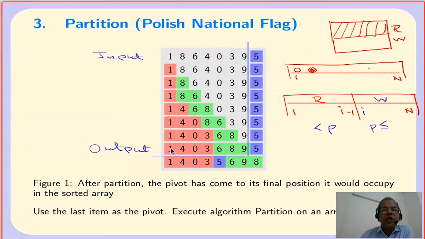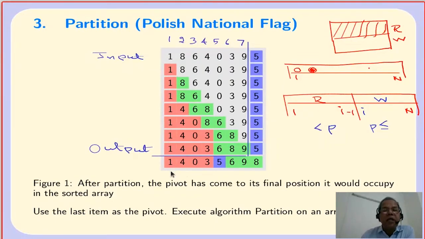One subarray consists of 1, 4, 0, 3. The other subarray consists of 6, 8, 9. The red subarray 1, 4, 0, 3 is less than the pivot 5. The green subarray 6, 8, 9 is greater than or equal to the pivot. Suppose they are indexed 1, 2, 3, 4, 5, 6, 7.